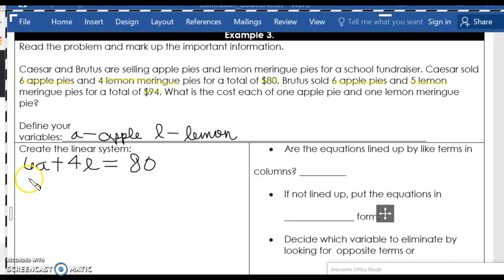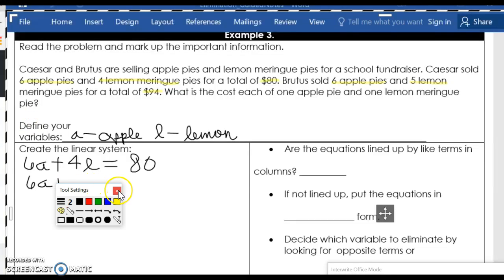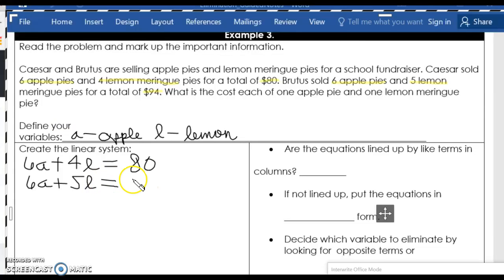Brutus sold 6 apple pies and 5 lemon pies for a total of $94. Are our equations lined up by like terms in columns? Yes, they are, because I wrote them in standard form.